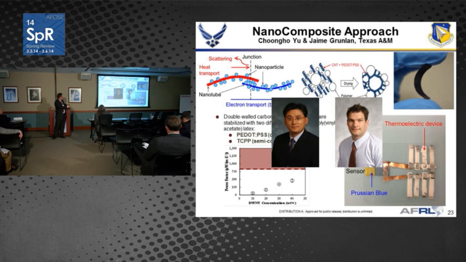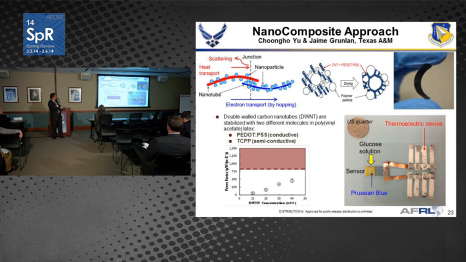So this is the work at Texas A&M with Chong-Ho Yu and Jamie Grumland. Essentially, what they are making is a carbon nanotube conductive polymers nanocomposite. The carbon nanotubes will transport both the phonon and the charge carrier.